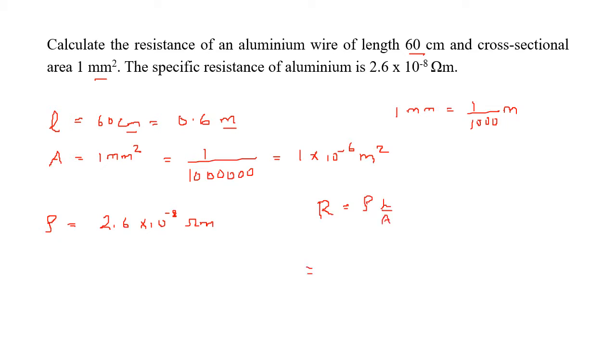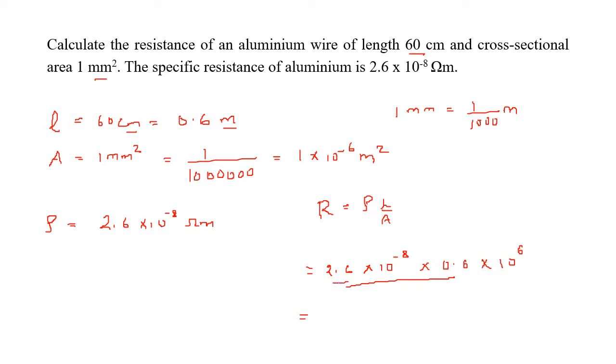So rho L by A, we have rho 2.6 into 10 raised to minus 8, into L. L is 0.6, and A is 10 raised to minus 6. So it goes into the numerator, becomes 10 raised to 6.